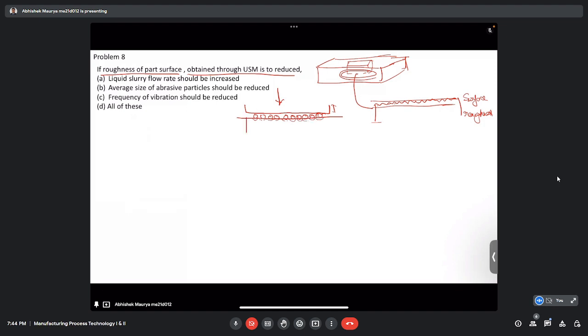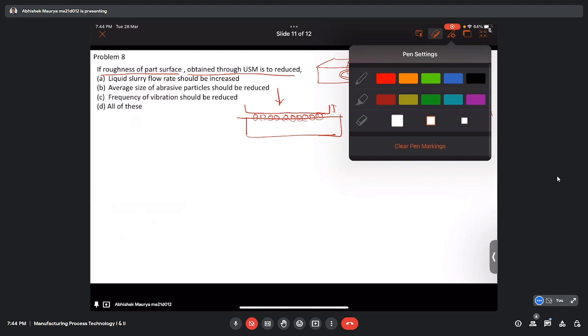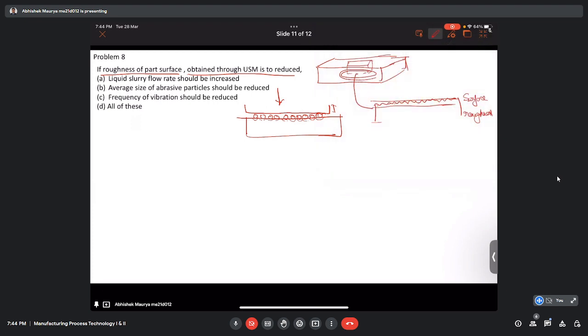And after material removal, it will look something like this.